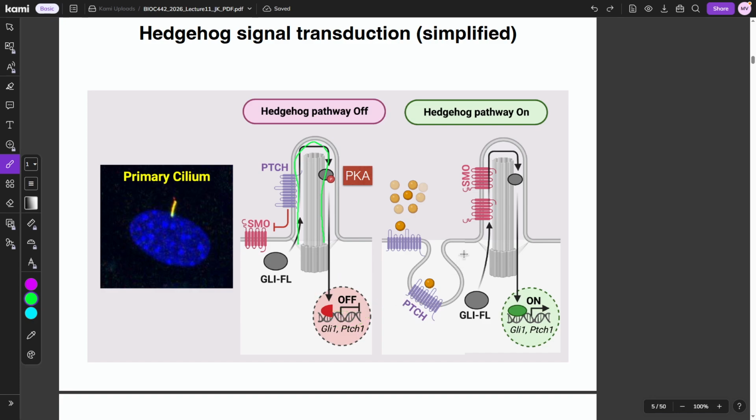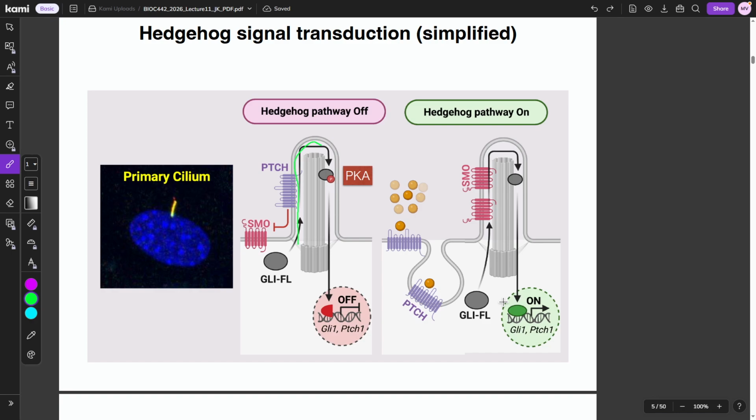When patched is turned off, when hedgehog is bound, smoothened is active and causes the cleavage to not occur, and so it acts as an activator instead.